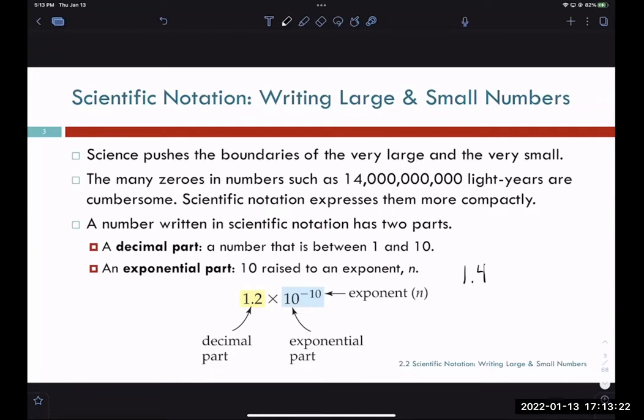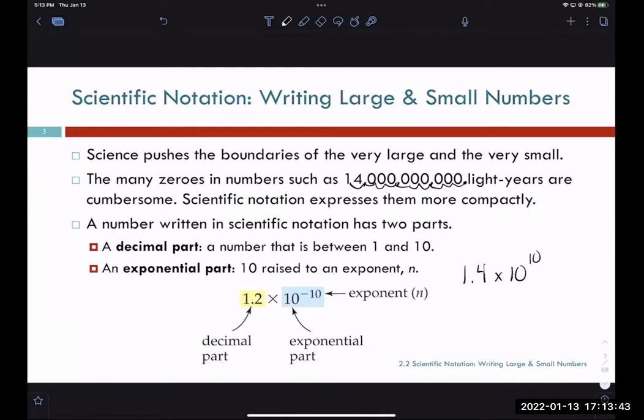So for 14 trillion, we would just count the implied decimal places. We'd say it's 1, 2, 3, 4, 5, 6, 7, 8, 9, 10 decimal places. So you'd have 1.4 times 10 raised to the positive 10.